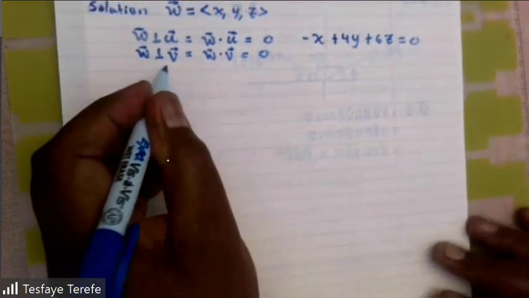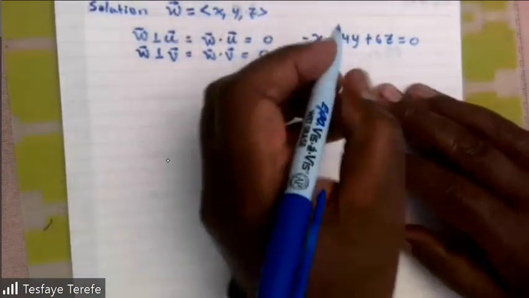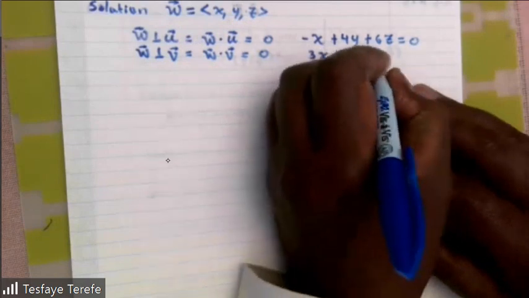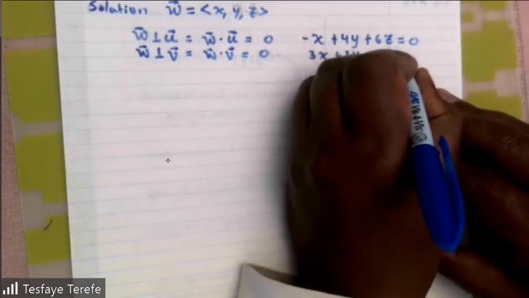And likewise, when we dotted with V, 3X plus 2Y minus 4Z is equal to 0.